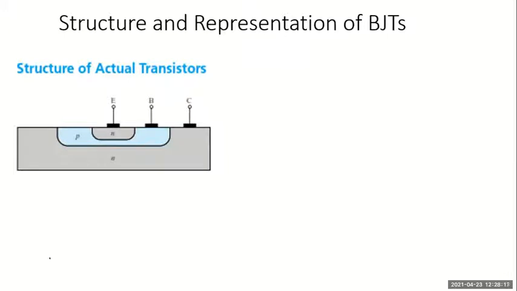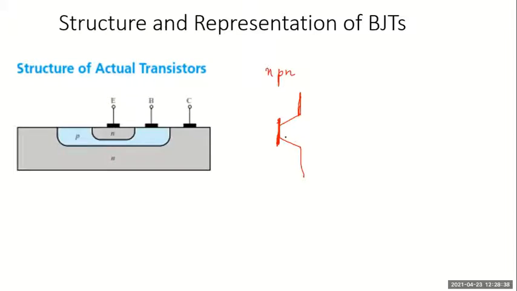So what would be the representation of an NPN transistor? Usually the base is represented with a straight line here and 2 slanted lines, one representing the collector, the other representing the emitter.